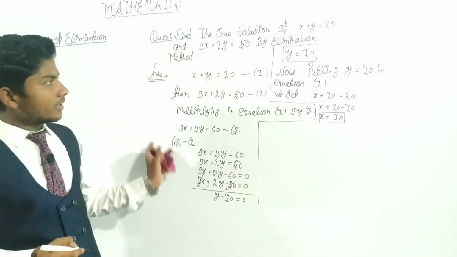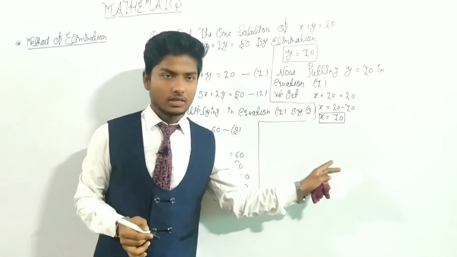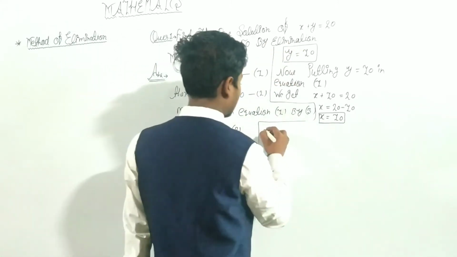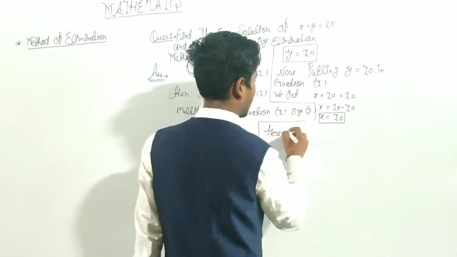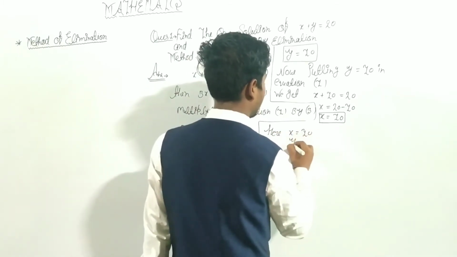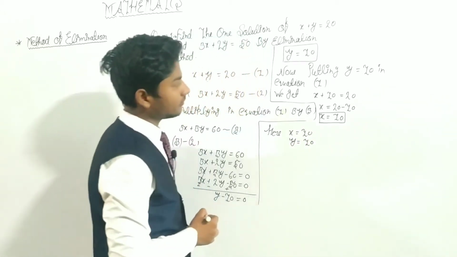From this method, we get the values of both variables, x and y. Here x is equal to 10 and y is also equal to 10.